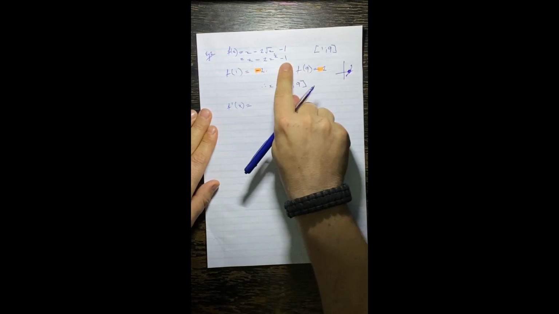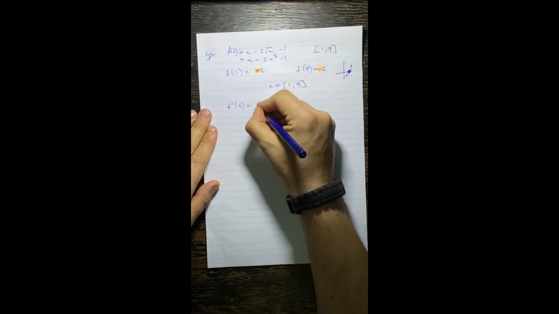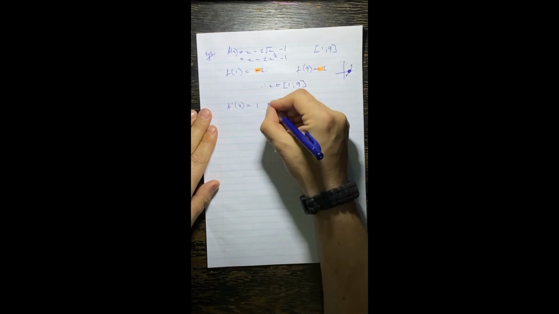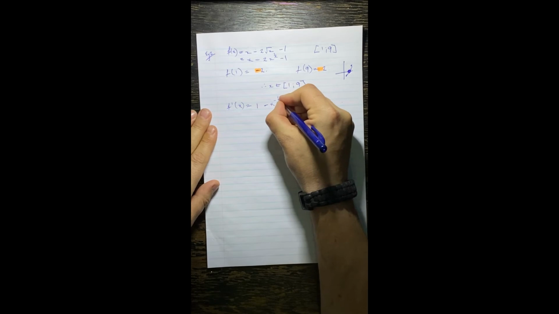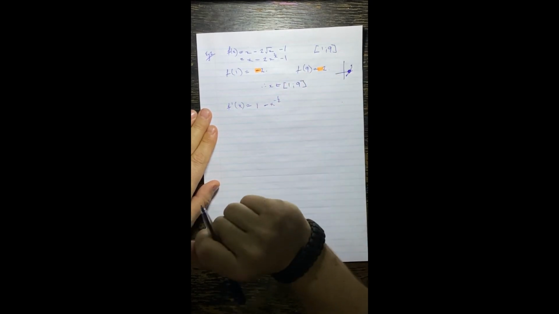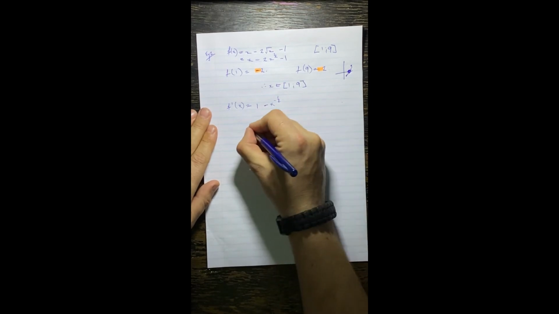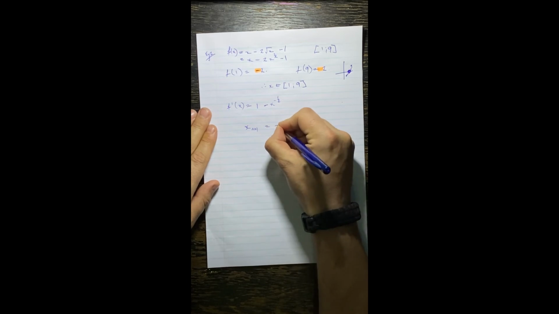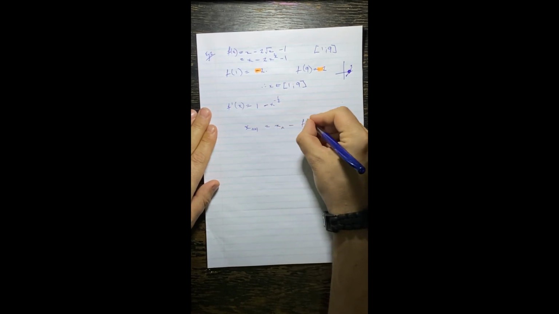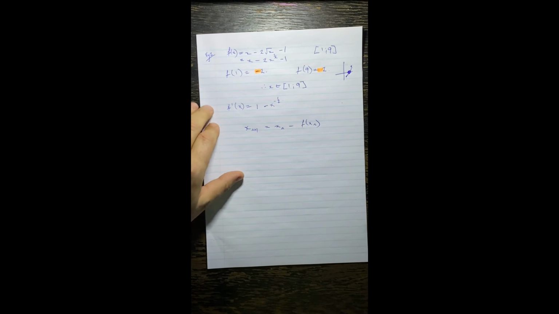Okay, so there's a function that's easier to differentiate. So that'll give us 1 minus x to the minus a half. Okay, and then the derivative of a constant is 0. So there's our derivative.